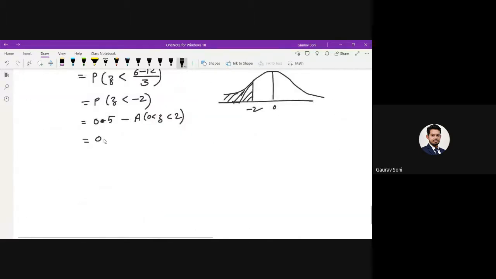So 0.5 minus 0.4772 is 0.0228. So that will be 2.28% of battery cells.